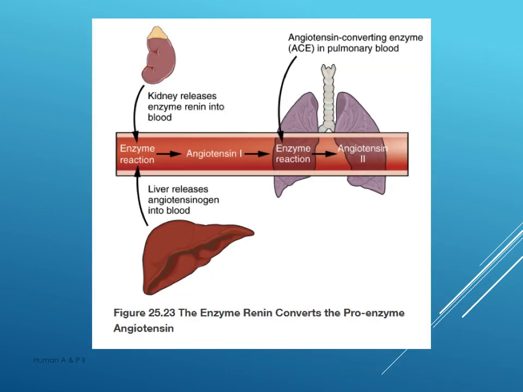For instance, if they sense a low amount of blood pressure, those cells will release the enzyme renin. And renin will work on a blood protein that's released by the liver called angiotensinogen. Renin will convert that to angiotensin 1, and then that's converted to angiotensin 2 in the lungs.